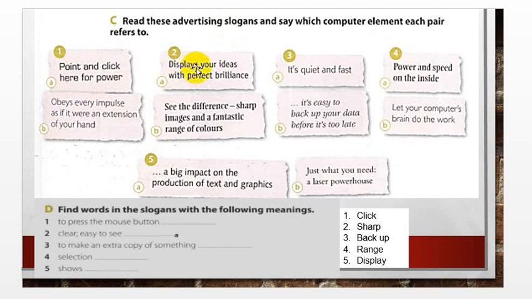Okay, display your idea, which is perfect, with brilliance. It's quiet and fast, power and speed on the inside. Obey every impulse as if it were an extension of your hand.